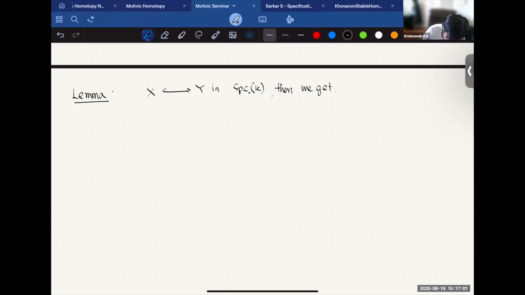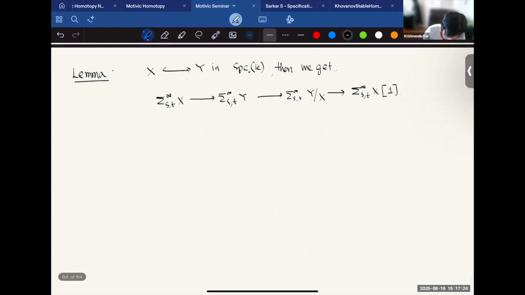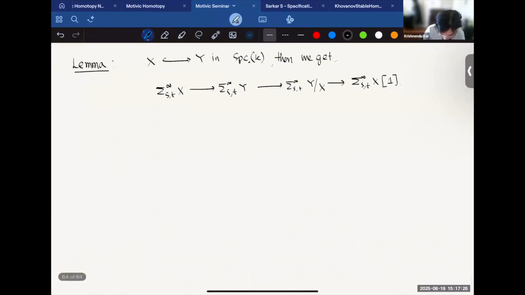This is not really hard to see, but technical, since we did not talk about the model structure here. So how to see this? Forget about everything, forget about this in the algebraic setting.